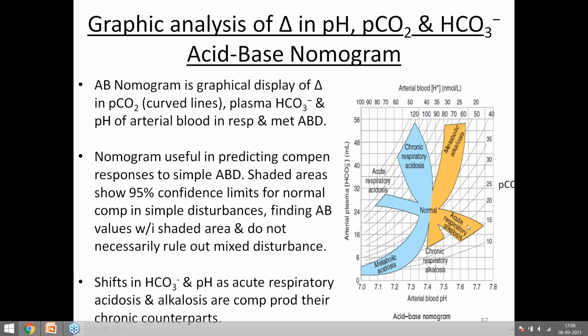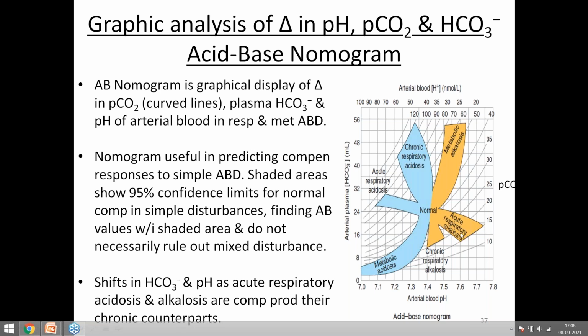Again, it helps you see the difference between acute and chronic respiratory alkalosis. For acute, the PCO2 values are higher, let's say around 17 or so, and the bicarb values are near about 24.